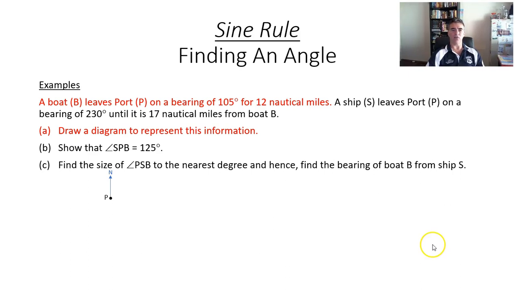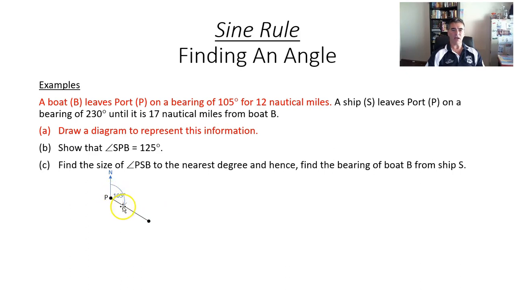It makes it easier for us rather than having to turn our page around. So there's north, and then we've got the direction of boat B, which is 105 degrees in a clockwise direction from north.